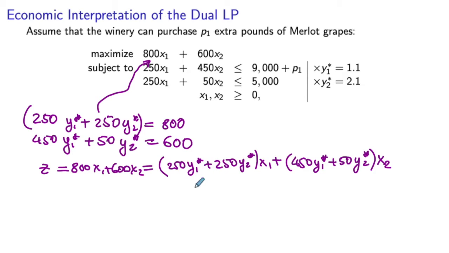Then rearranging the terms, just like in the derivation of weak duality, the coefficient for y1 star is given by 250 x1 plus 450 x2, multiplied by y1 star, and then the coefficient for y2 star is going to be 250 x1 plus 50 x2.